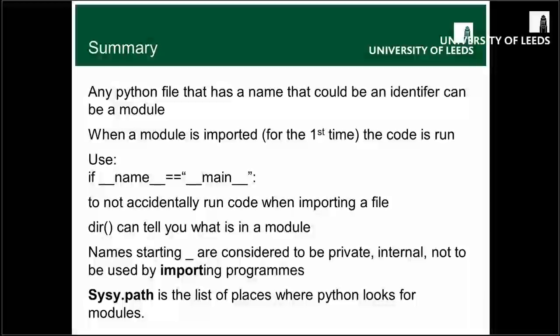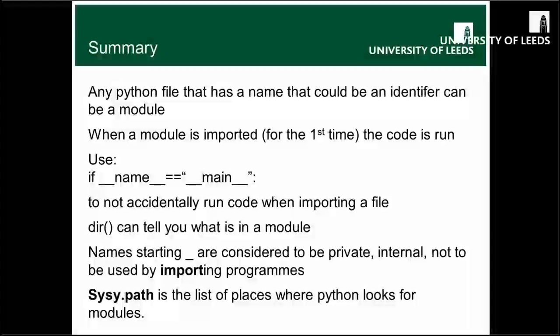It's not a rule. This goes a bit to the philosophy of Python. Python is sometimes described as being for consenting adults. That means that when you write code, you can indicate to somebody who's using your code what they should be allowed to play with, but you can't stop them from messing around with other internal things.